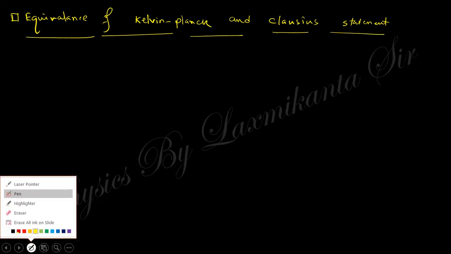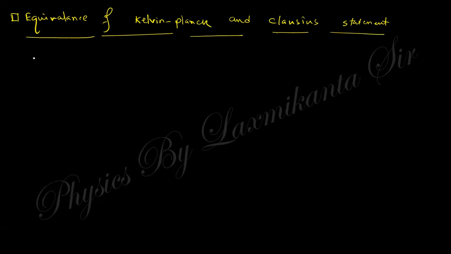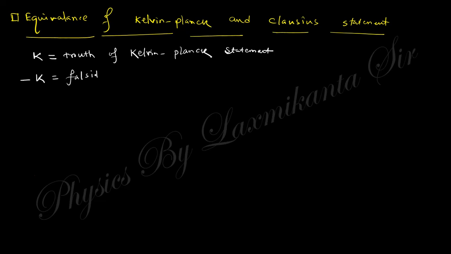We take some notation first. K represents the truth of the Kelvin-Planck statement. Minus K is the falsity of the Kelvin-Planck statement.